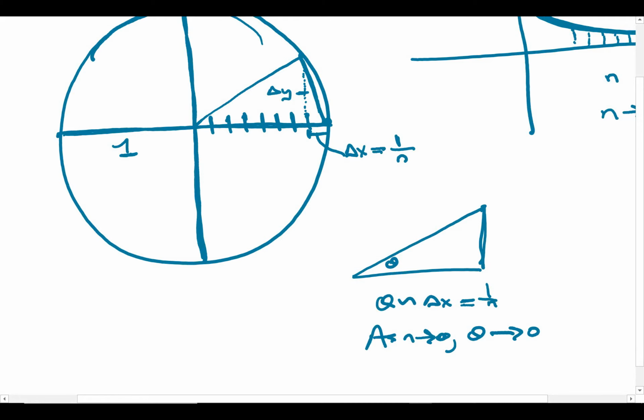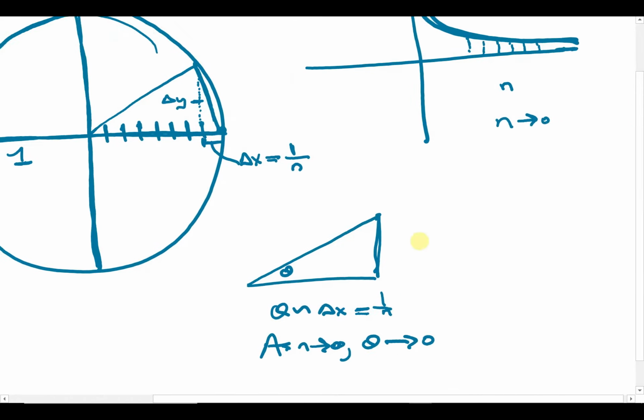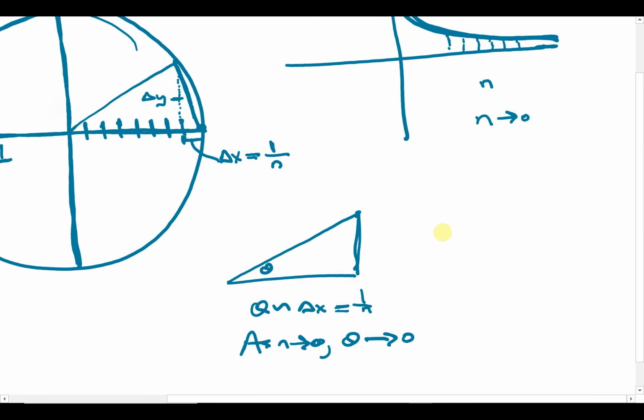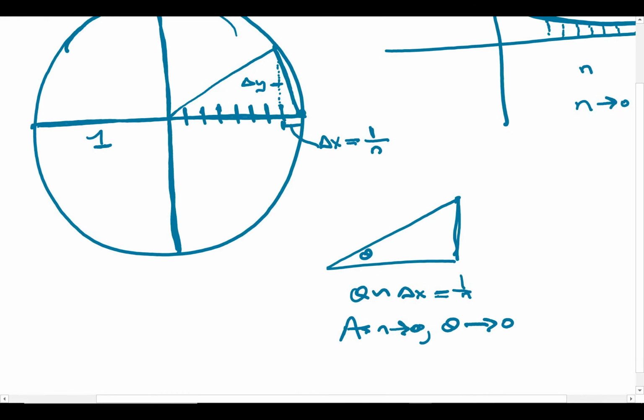Although n could take any real number, so if we want to cut it into smaller and smaller segments, we could do so. Essentially, if that's 1 over n, this is 1 minus delta x.